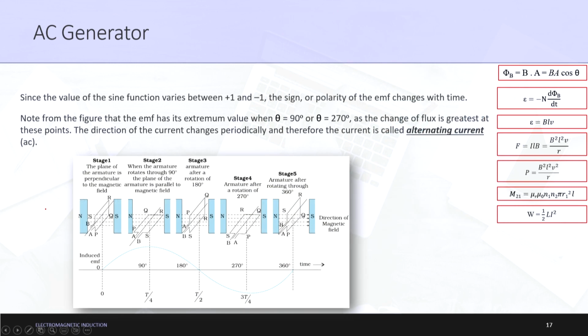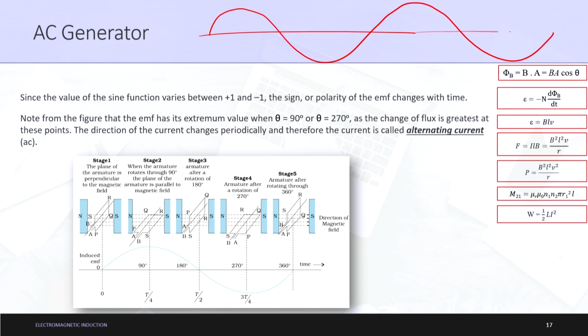Moving on. Since the value of the sine function varies between plus 1 and minus 1, the sign or polarity of the EMF changes with time. Very evident concept, because the sine value keeps on changing. Let us say this is 0, this is pi, this is 2 pi, this is 3 pi, this is 4 pi.